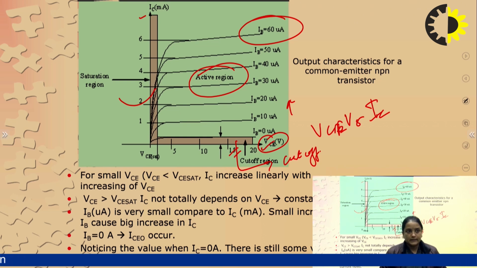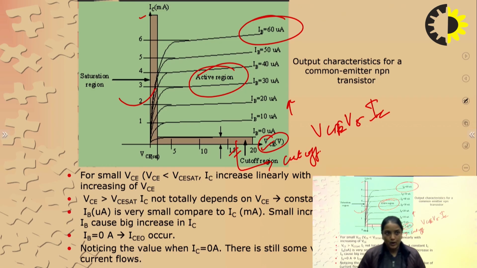So I think the main takeaway point in this lecture is to focus on and analyze the input output characteristics. For input characteristics, it is essential to remember that the knee voltage or cut-in voltage is 0.7 volt for silicon and 0.3 volt for germanium.